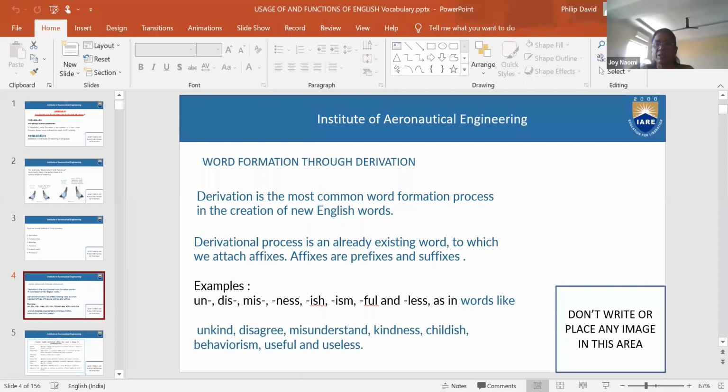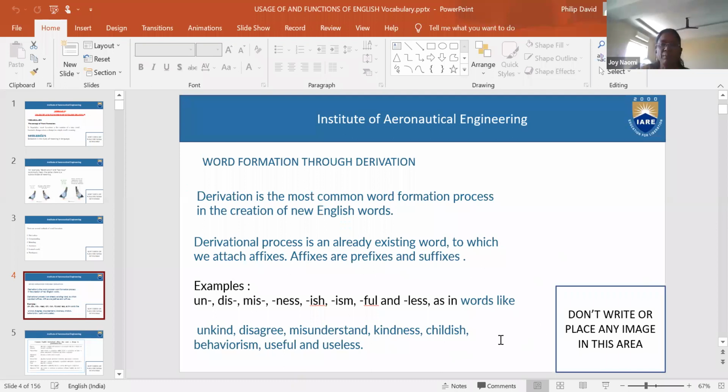So prefixes and suffixes together are called affixes. Prefixes are added to the base word. If you add a prefix, new words are formed. So what are some of the prefixes? Un, dis, and mis. And the others are suffixes.